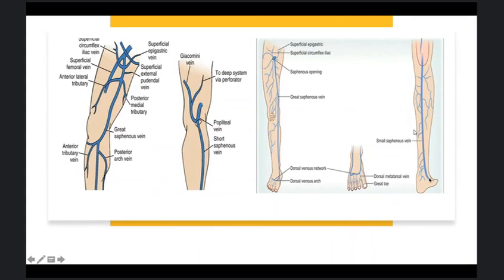And the short saphenous vein or the lesser saphenous vein begins as a lateral continuation of the dorsal venous arch, just posterior to the lateral malleolus, and along the posterior aspect of the calf to join the popliteal vein at the saphenopopliteal junction in the popliteal region.